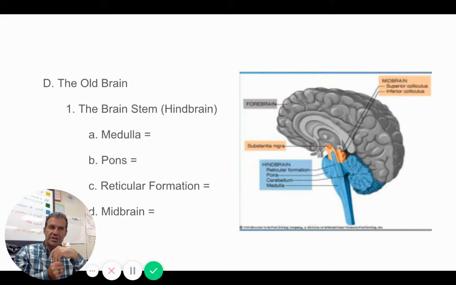Okay, attention, alertness, and arousal. So if someone calls your name and you look, or if a fire alarm goes off and you jump in class, or there's a really loud noise while you're sleeping and you jump out of bed, that's your reticular formation. It's causing you to attend to what's going on.